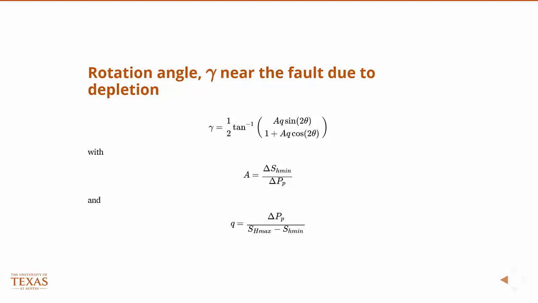And this is what you get in the end, where, again, A is this stress path, and Q is defined like this. And so then you can get an estimation of the stress reorientation near the fault. Now that decays pretty rapidly as you move away from the fault.